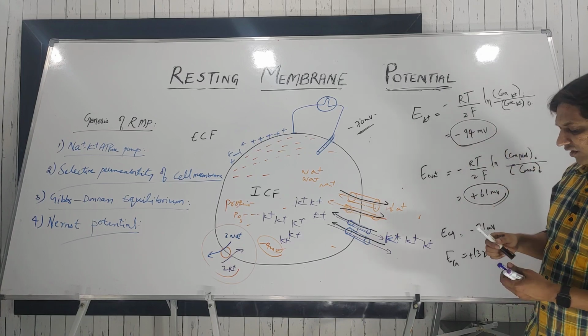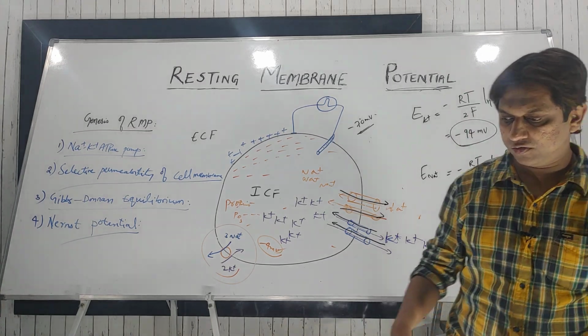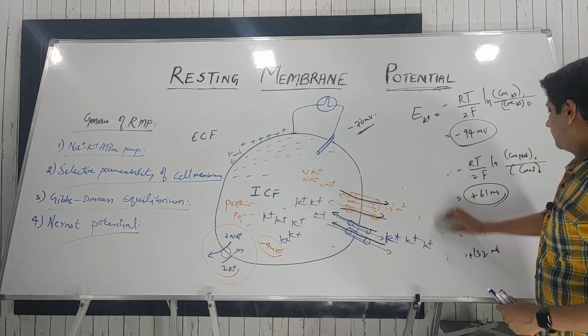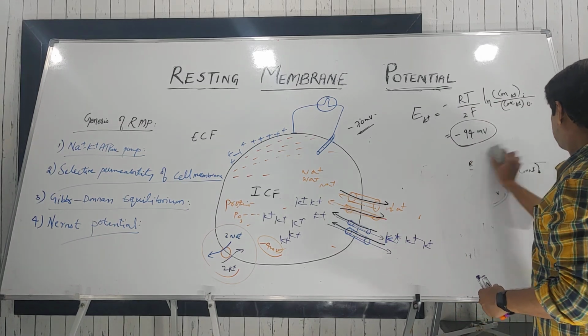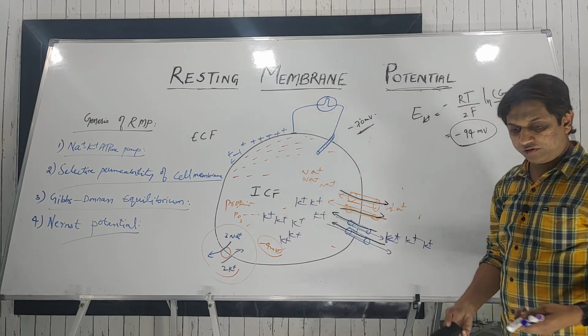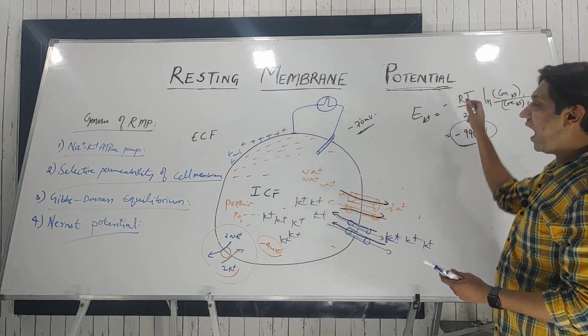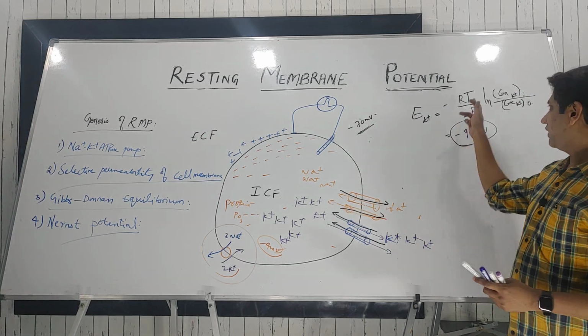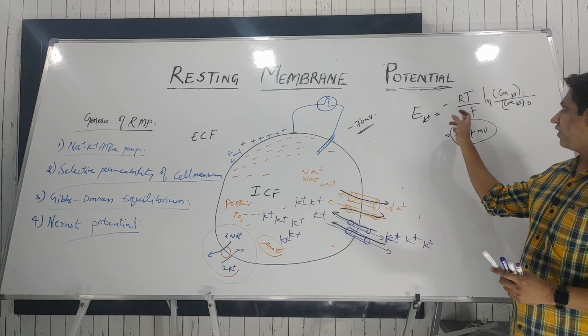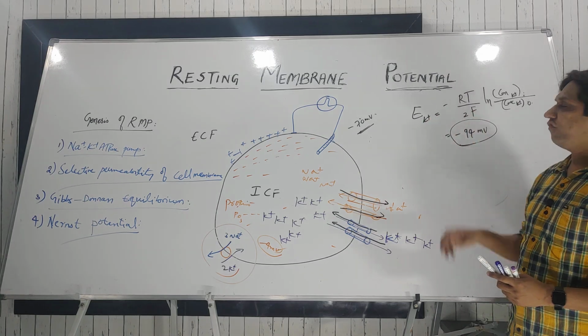So to simplify this equation, if we put in the values, it is actually minus 2.3 RT. R is the gas constant, T is the absolute temperature, Z is the valency of the ion, here for potassium it is 1, and F is Faraday's constant.